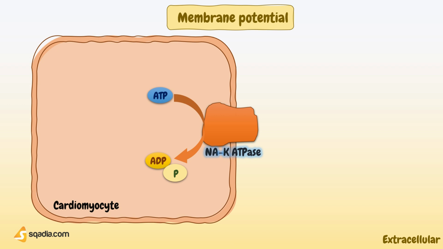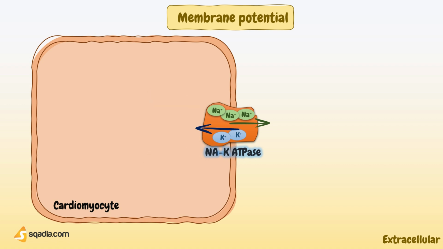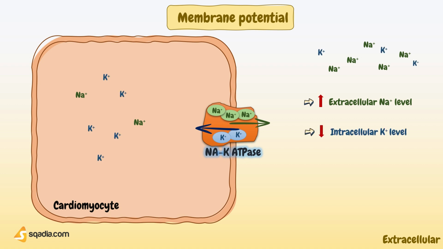And by utilizing this energy, it transports 3 sodium ions out of the cell, in exchange for 2 potassium ions inside the cell. This phenomenon that takes place in almost all cells of the body in varying degrees results in increased extracellular concentration of sodium ions and increased intracellular concentration of potassium ions.